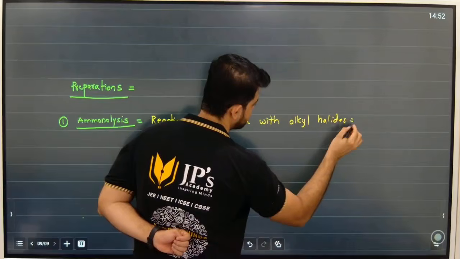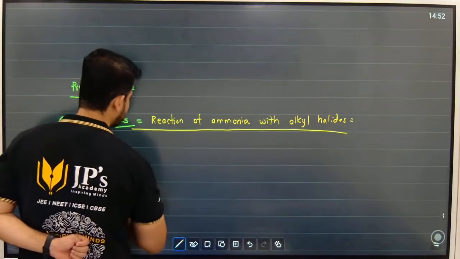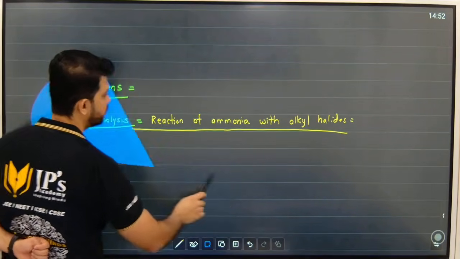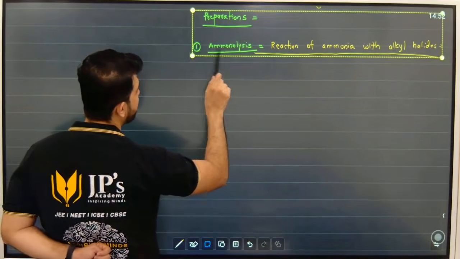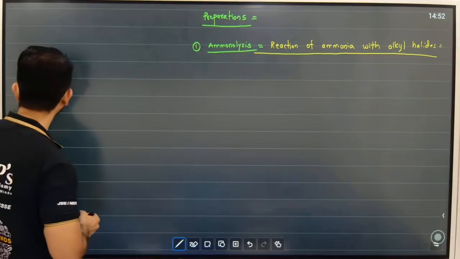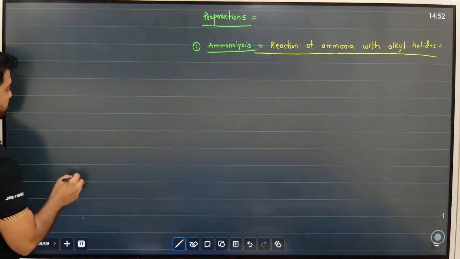Let's understand students, what exactly is reaction of ammonia with alkyl halides. A very important reaction and also present in the chapter haloalkanes and haloarenes.